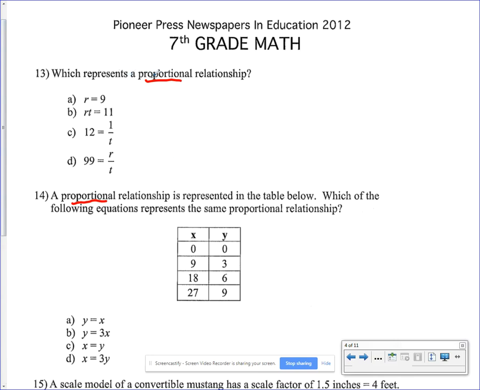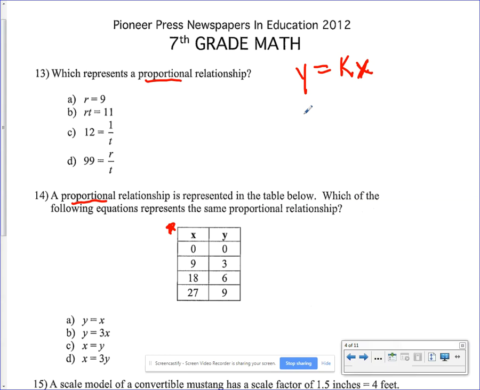When it says what represents a proportional relationship, grab your pencil and I want you to write this next to it. Y equals K times X. If you remember seeing this, usually we had a table like you see here, and you tried to figure out what is this constant, that K, that we always multiply by.